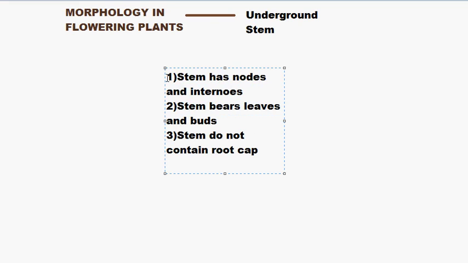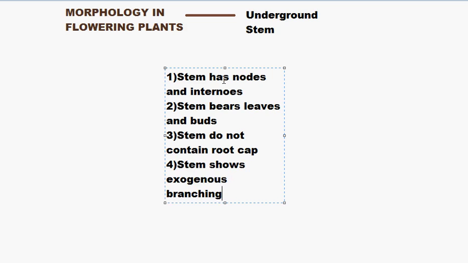Last but not least, the difference between the stem and the root is that the stem shows exogenous branching, but the root does not show exogenous branching. So let me write: stem shows exogenous branching.